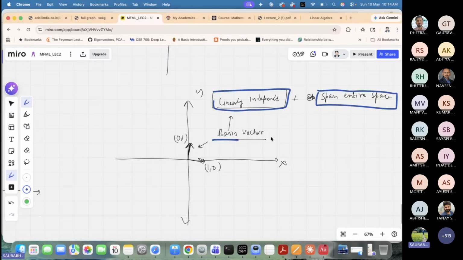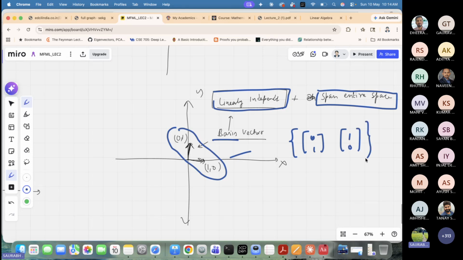Now the number of vectors in the basis is called the dimension. Right now, let's say the set has these two vectors, 0 1 and 1 0. Firstly, these are linearly independent.